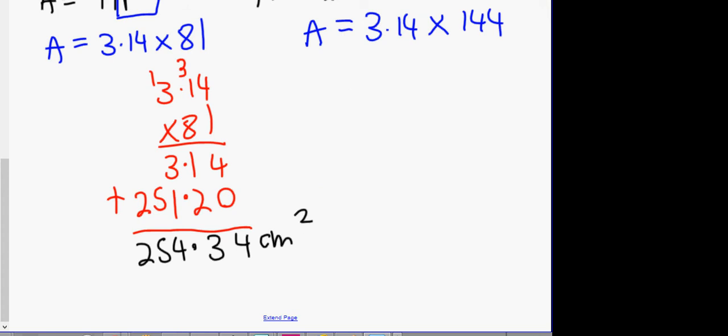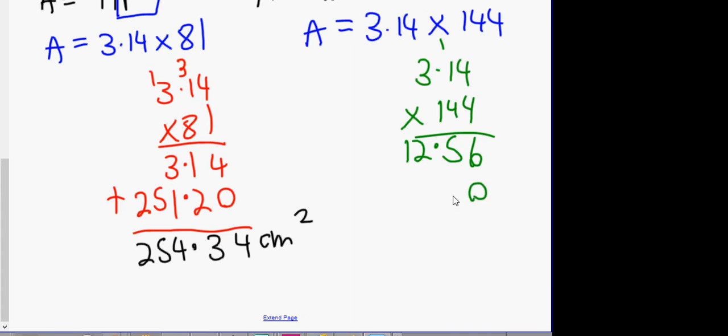Andrew Finley, can you tell me how to do 3.14 multiplied by 144? 4 by 4 is 16, 6 carry the 1. 4 by 1 is 4, 5. 5, 12, good man, 12.56. Next one. 4 times 4? 16. 4 times 1 plus 1, 5. 4 times 3? 12.